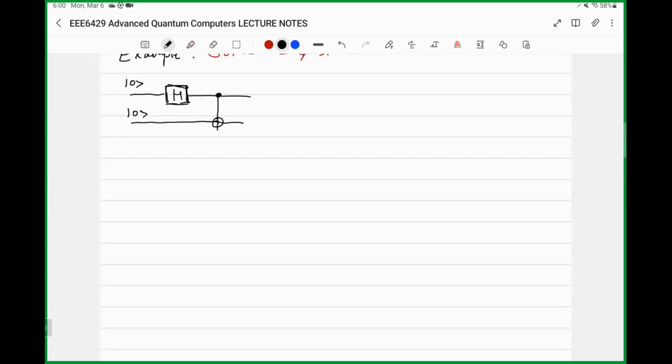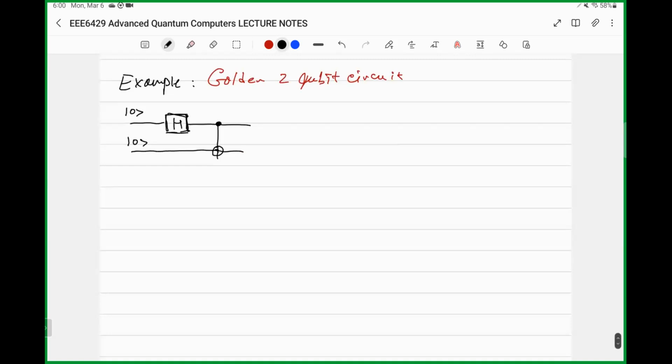So let's compute what would be the result. First of all, when I apply this series of quantum gates, I read this circuit from left to right. At this stage, the state of the 2 qubits before application of the Hadamard is 0 tensor 0, or simply state 0 0.